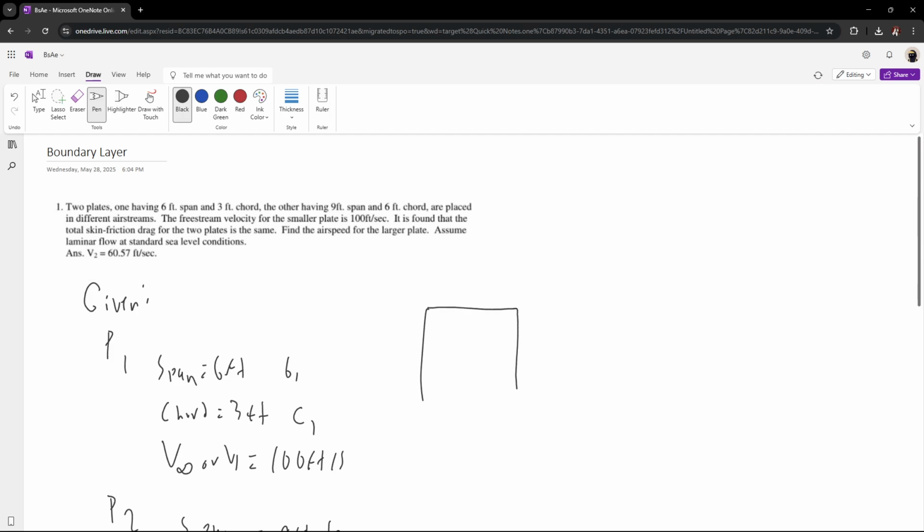As for reference, span 6 foot, chord is 3 foot.